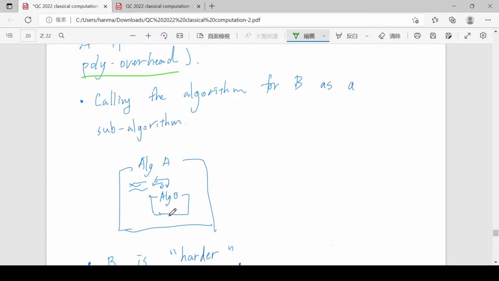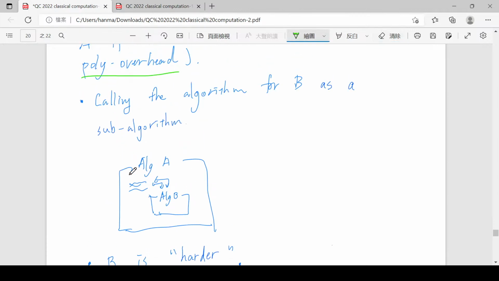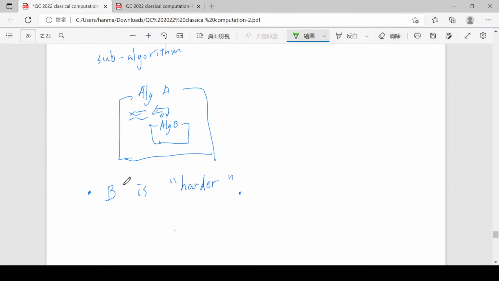So we'll call this algorithm for B inside this algorithm for A. And if this small block runs really fast, and you only have other things in polynomial time, this will be pretty fast. And in terms of which problem is harder, we'll feel that problem B is harder because solving it is harder. So this algorithm is more powerful, and so we call this more powerful algorithm to solve your easier problem. Okay.